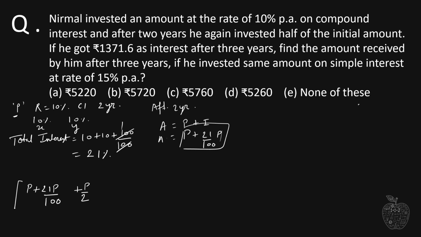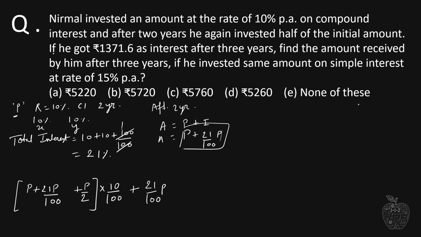Since we are talking only about 3 years, and he is investing after 2 years, we only have to calculate for 1 year. So the interest rate is 10% of this amount for 1 year. But there is also interest for 2 years, so we add this 21% of P, and this gives us the total interest of 2 years.